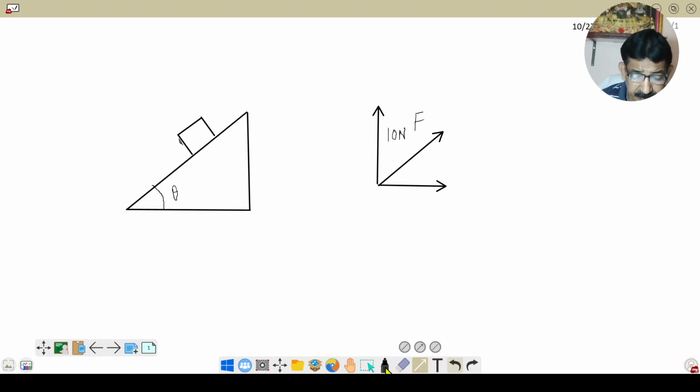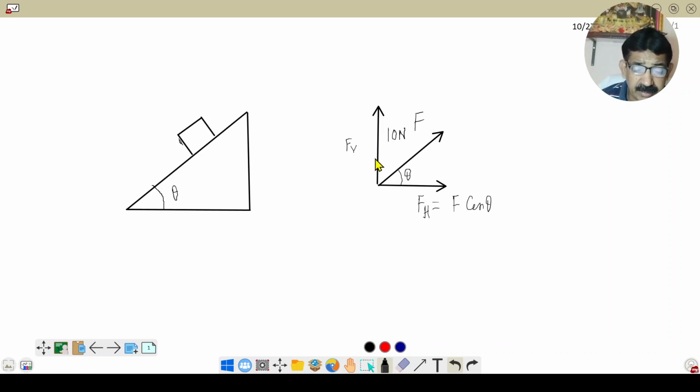We can write FH along the horizontal direction and FV along the vertical direction. The component of this force, this angle is theta. FH along the horizontal direction will be FH is equal to F cos theta.